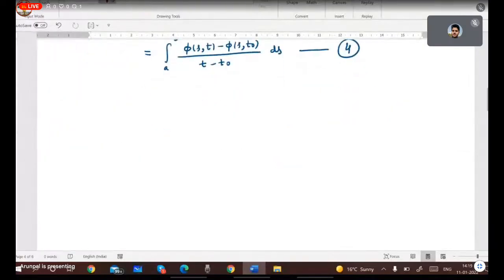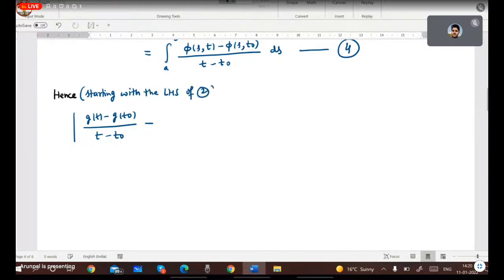So hence finally we have this modulus of g of t minus g of t naught divided by t minus t naught minus, let me write it right here, with the left hand side of 2. We wanted to establish 2, so we are now finally starting with the left hand side of 2, having done so much homework. Integral of phi naught of s comma t naught ds. So this is nothing but, class, what?